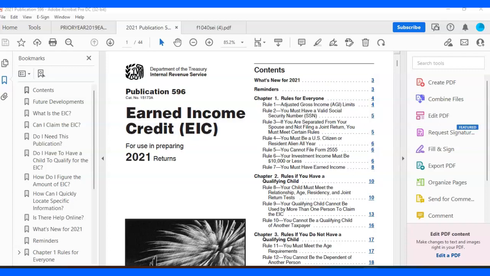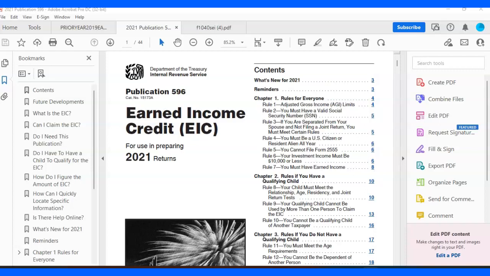So with publication 596, it has 15 rules, as they call them, but we won't go through all 15 rules. When it comes to teaching a course, there's so much information involved in this industry when it comes to preparing individual income taxes that you never learn it all, because it's too much to ever learn it all.